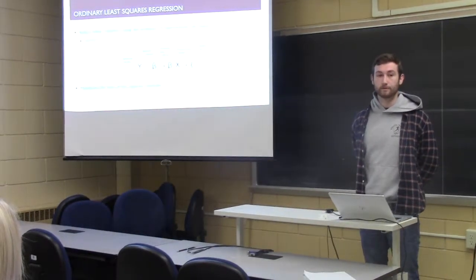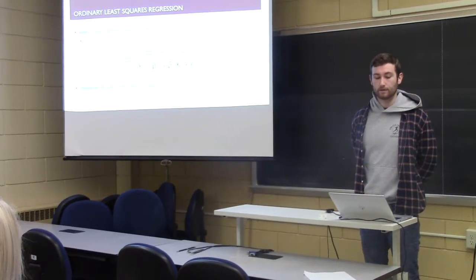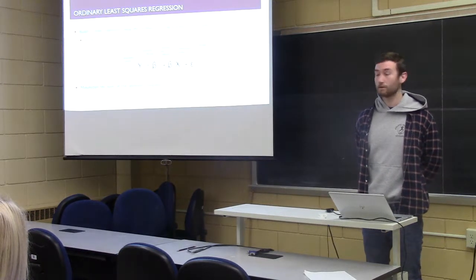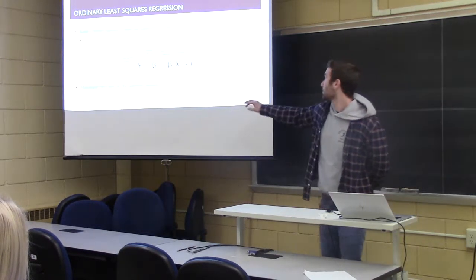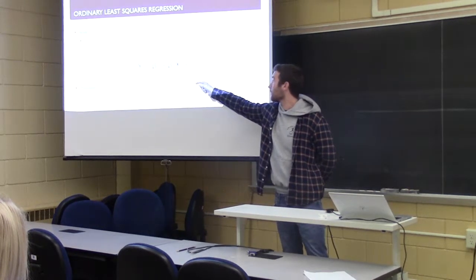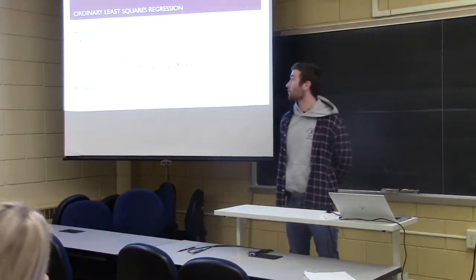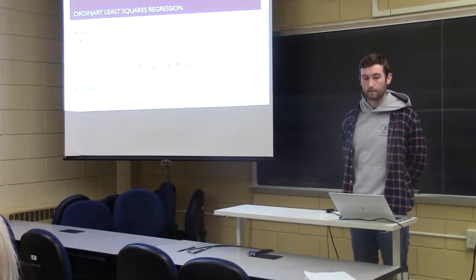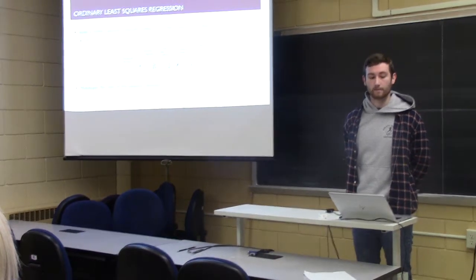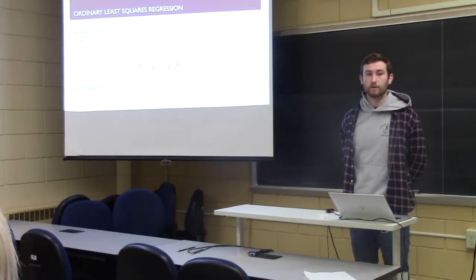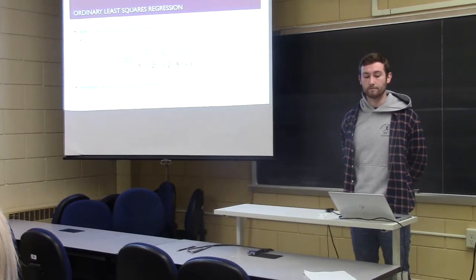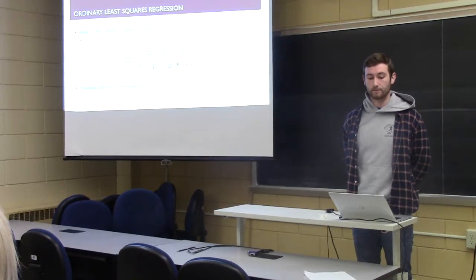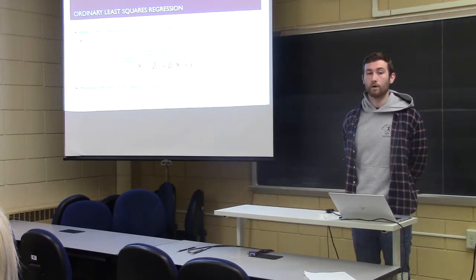So for ordinary least squares regression, that's the most common type of regression. What you want to do is minimize the sum of squared residuals, and that's this term right here. The whole front part is your E, or expected value of y given x. That's your fitted value for the response, and that's given by beta naught, which is an intercept term that can be interpreted as the fitted value when your predictor variable is equal to 0, and then beta 1 times x.